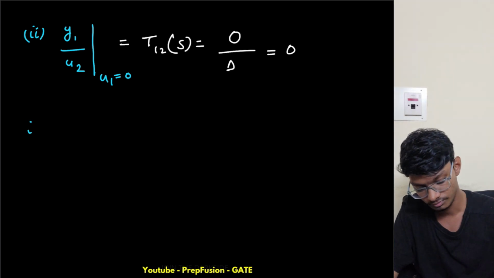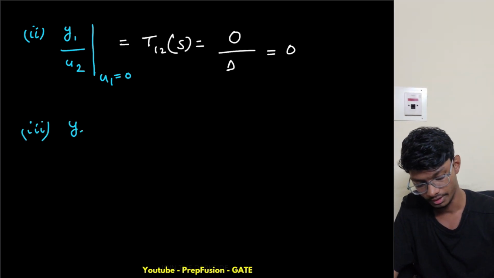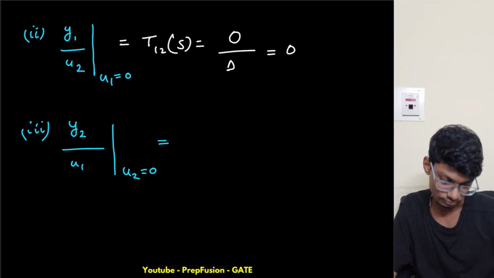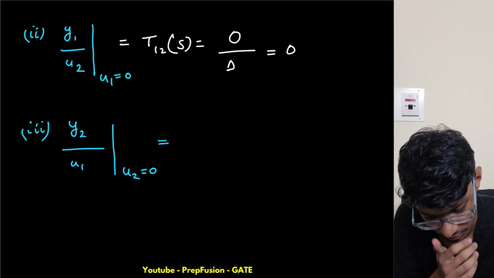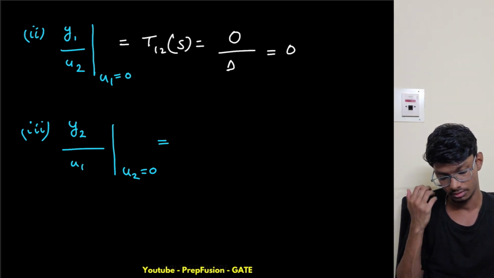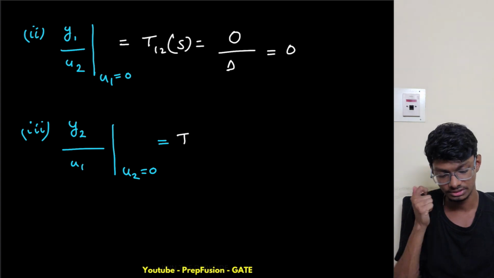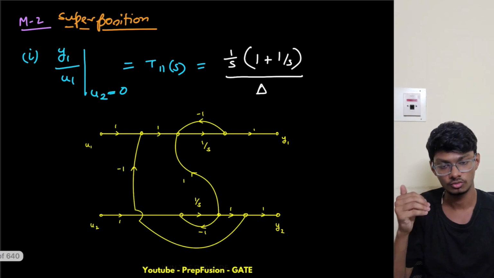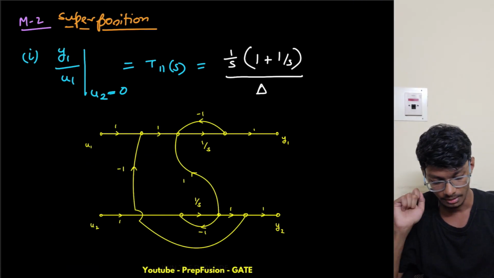Now y2 upon u1 when u2 equals 0. What does this element represent? This represents T21 of s.